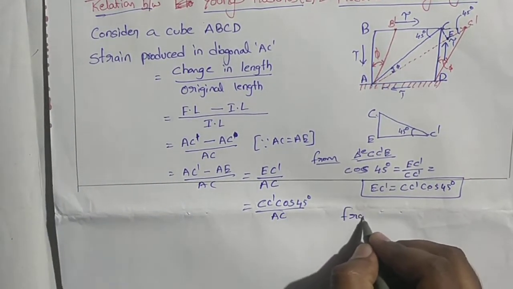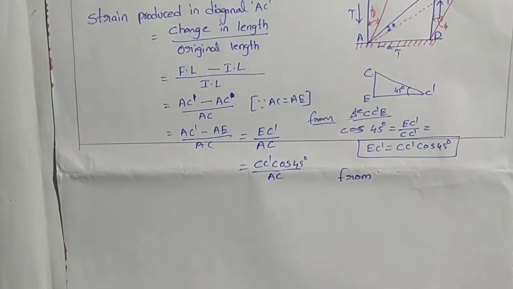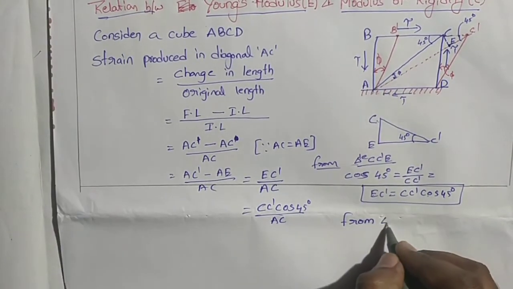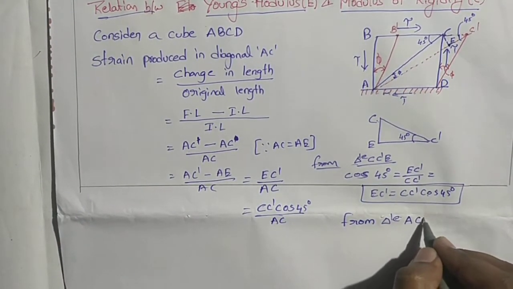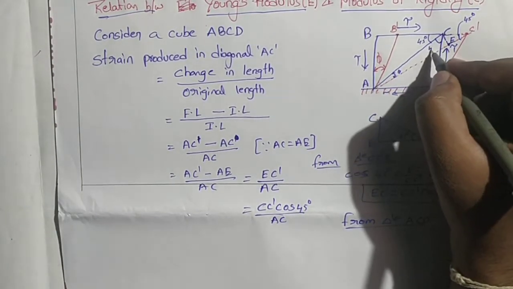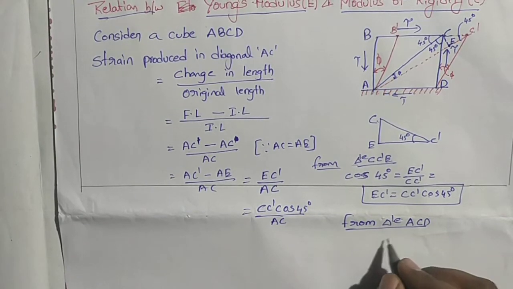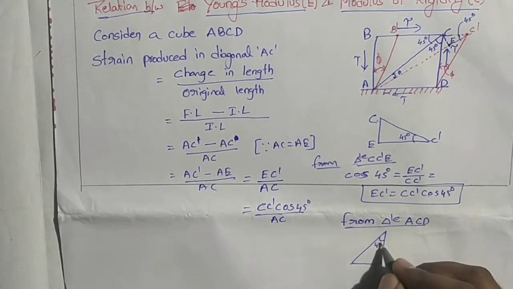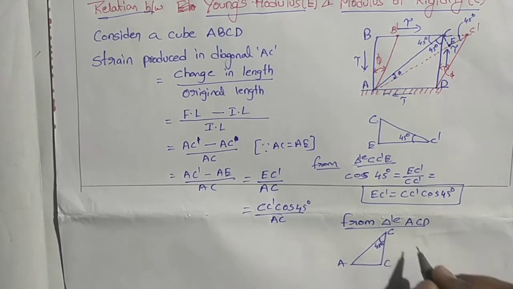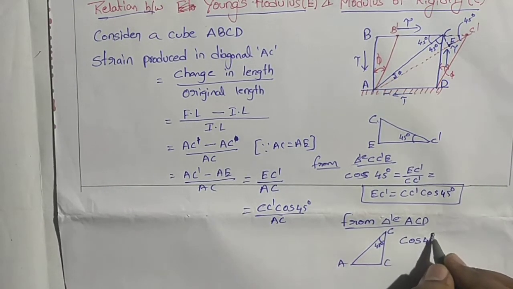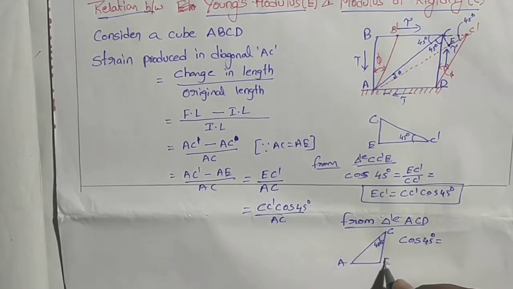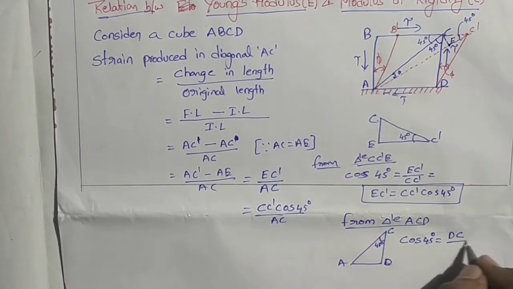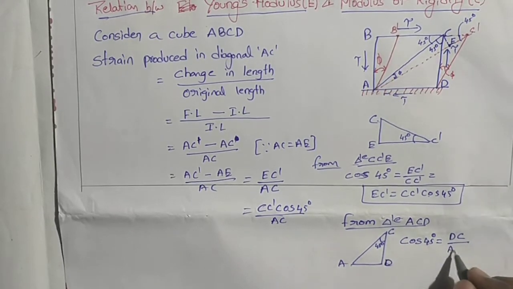From triangle ACD, the angle is 45 degrees at point C. Cos 45 degrees equals adjacent side by hypotenuse; here the adjacent side is DC and the hypotenuse is AC.